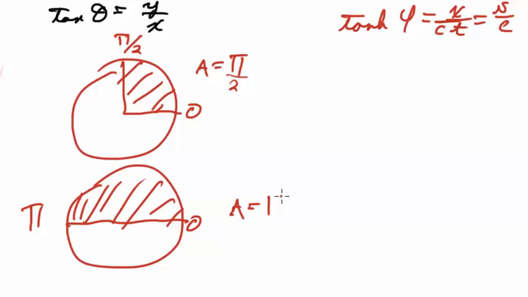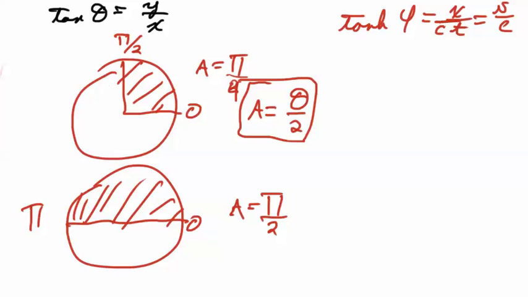And this area is pi over 4. So basically you take the angle theta and divide by 2: the area equals the angle divided by 2.